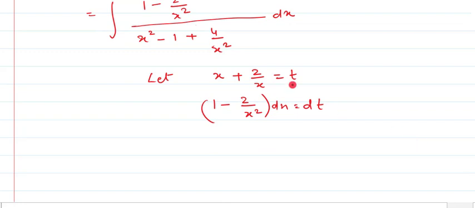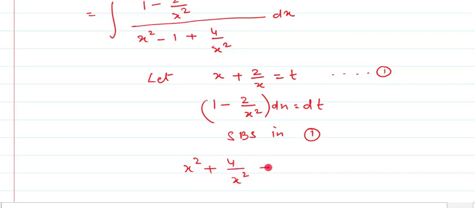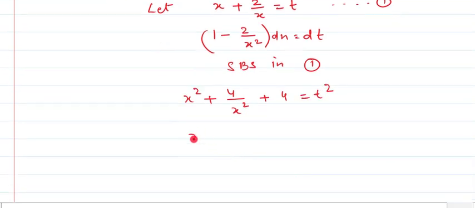Okay, now to get rid of this type of denominator, let us square both sides in 1. So we are getting x square plus 4 upon x square plus 4 is equal to t square, and from here you are getting x square plus 1 upon x square as t square minus 4.